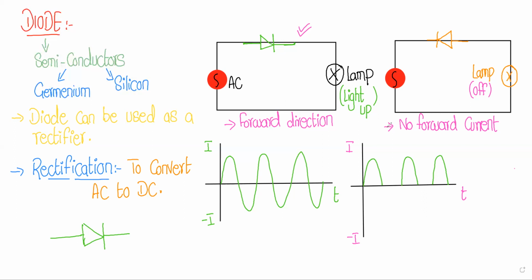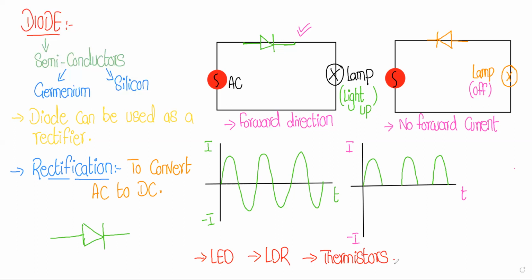And there are some other examples of diodes as well. There are LEDs, which we use in our normal circuits. There are LDRs, light detecting resistors, or there are thermistors, which will operate on the application of temperature. So LED TVs use diodes too.